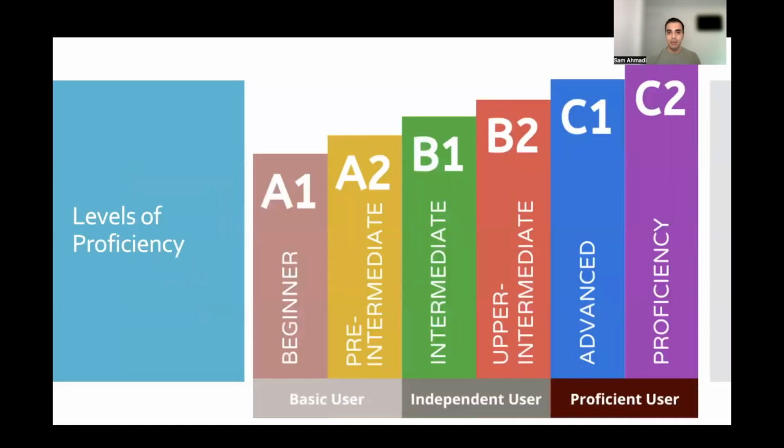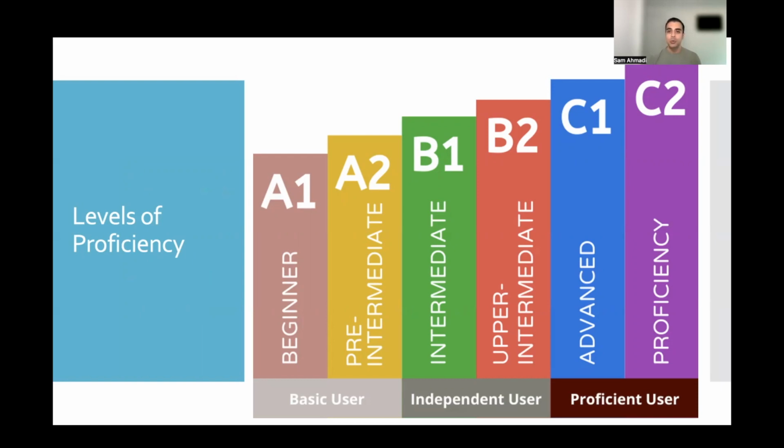There are 6 levels of English proficiency, which you can see here on the screen. So we have A1 or beginner, A2 pre-intermediate, B1 intermediate, B2 upper intermediate, C1 advanced, and C2 proficiency level.